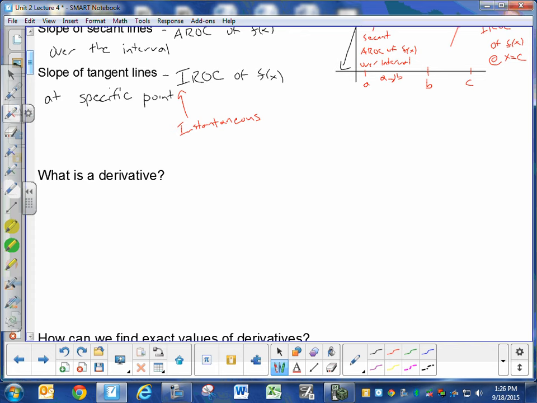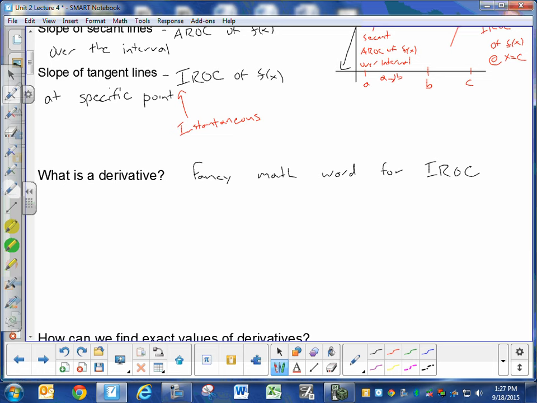All right, and the derivative, just to remind you if you didn't write it down, or if this is the first time you're hearing it, derivative is just a fancy math word for the instantaneous rate of change of something. Okay, but now this gives you a third kind of term that really means the same thing.